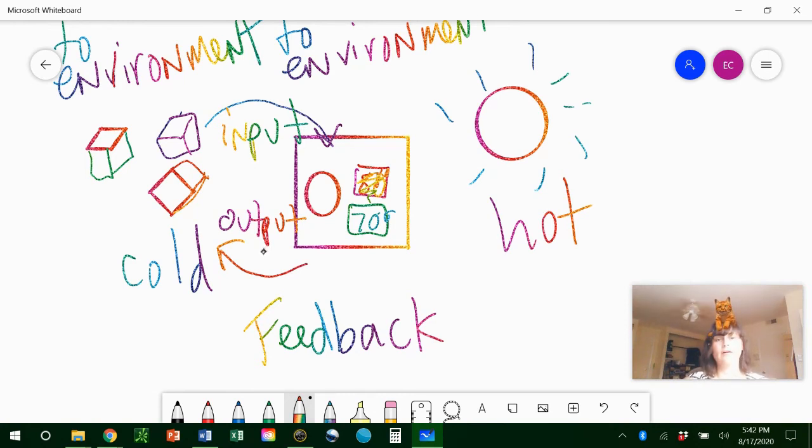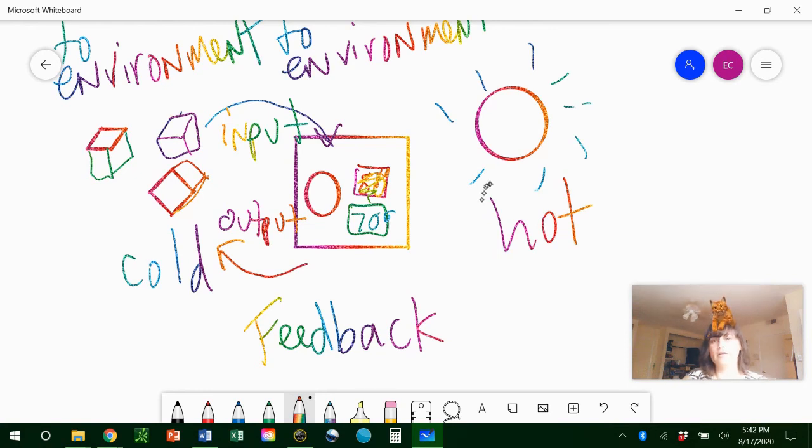So the cold air is an output because we want to make it 70 degrees. Now that cold air is going to be detected. That's how the thermostat knows it hit 70. It's like, whoa, it's really cold now. That cold air is going to be measured, and that's going to become input, and then it's going to turn off. And that's pretty much how it works.